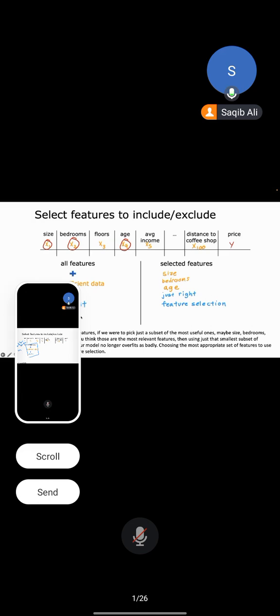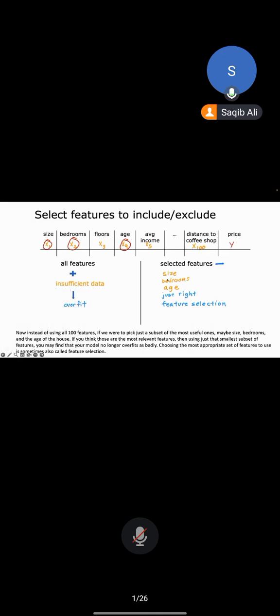What is the solution? Use selected features. For example, over here we just use what we think, but there are some algorithms like PCA, principal component analysis, which do feature selection automatically for us. But this is not part of your course at this time. There are some algorithms which are designed specially for feature selection.